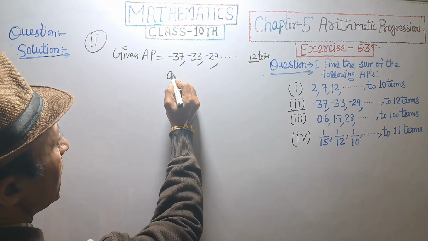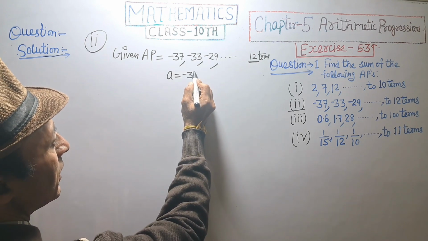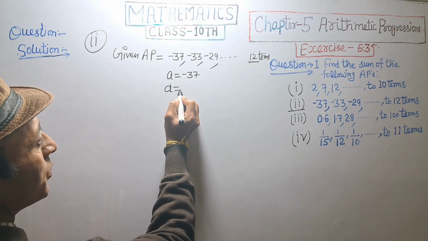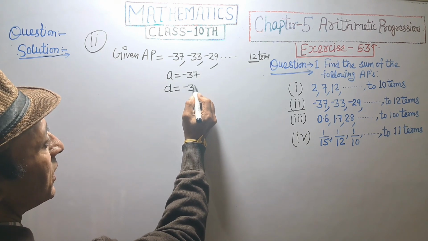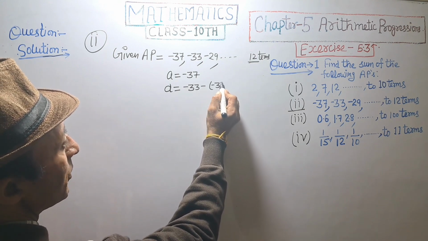First term A is equal to minus 37 and common difference D is equal to minus 33 minus 37.